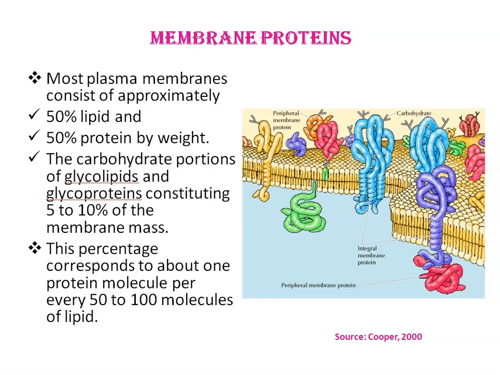Since proteins are much larger than lipids, this percentage corresponds to about one protein molecule for every 50 to 100 molecules of lipids. In 1972, Singer and Nicholson proposed the fluid mosaic model of membrane structure, which is now generally accepted as the basic paradigm for the organization of all biological membranes.